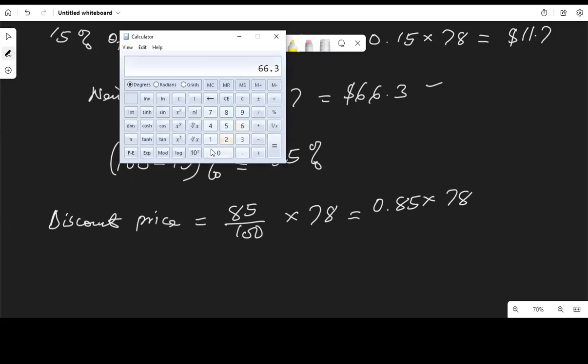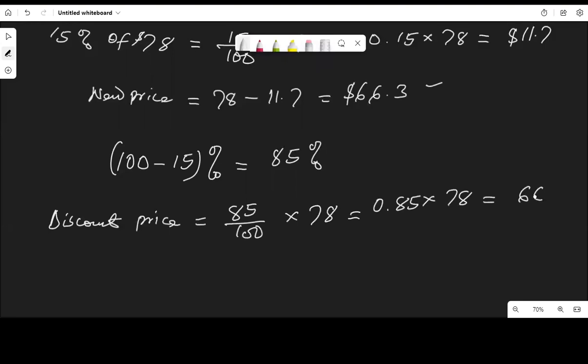And 0.85 times 78 is 66.3. And see that we have the same answer, 66.3 and 66.3. So whichever approach you use, you are going to arrive at the same answer.